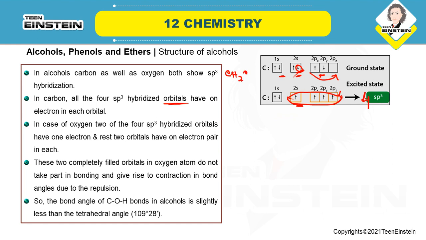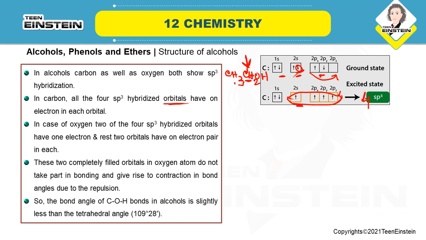Suppose we have ethanol, CH3CH2OH. So here this carbon is attached to one oxygen, one carbon and two hydrogens. So basically this carbon has 4 covalent bonds, and it will use 4 sp3 hybrid orbitals for formation of these 4 covalent bonds.